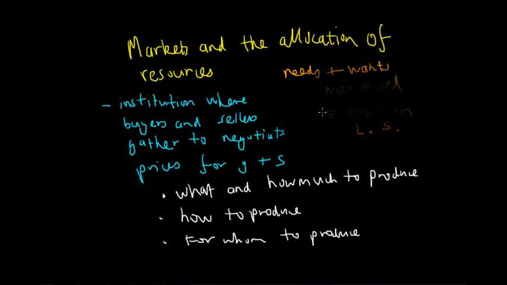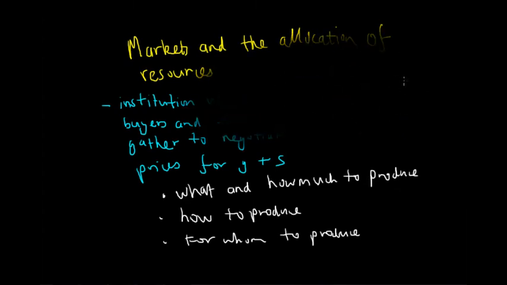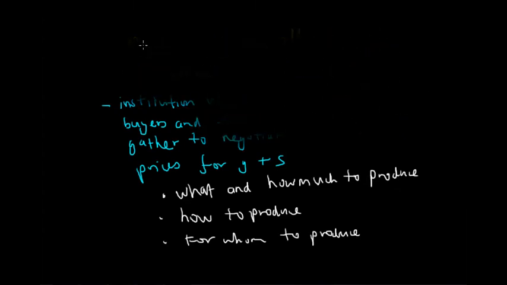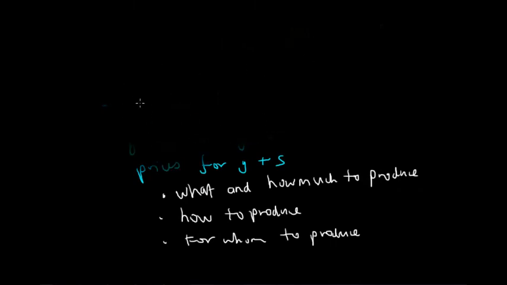Keeping in mind that markets are an institution where buyers and sellers can negotiate prices for goods and services, and goods and services are what we need to maximize our living standard, we can answer these questions one by one. The first question relates to what and how to produce.